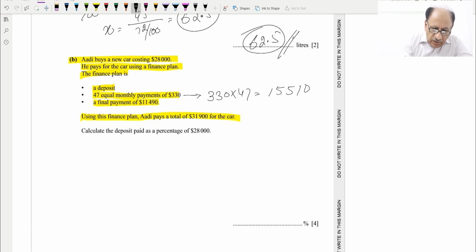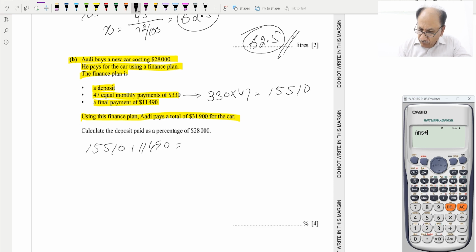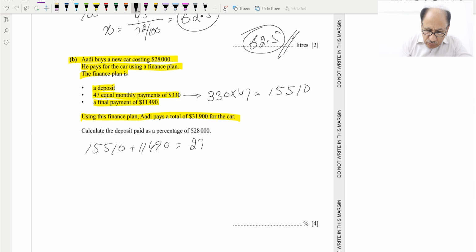So if we add the installments, 15510, plus the final payment, which is 11490, these two add up to 27000 dollars.